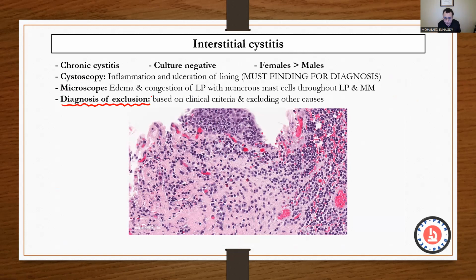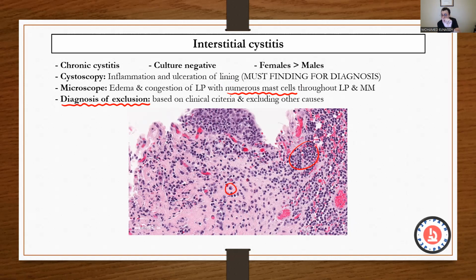Because all you will see under the microscope is chronic inflammation, but I always say it's an extensive chronic inflammation. What I mean is you see numerous mast cells, also lymphocytes, some macrophages, like right there. Here are lymphocytes. So a lot of lymphocytes, a lot of macrophages, and a lot of mast cells.